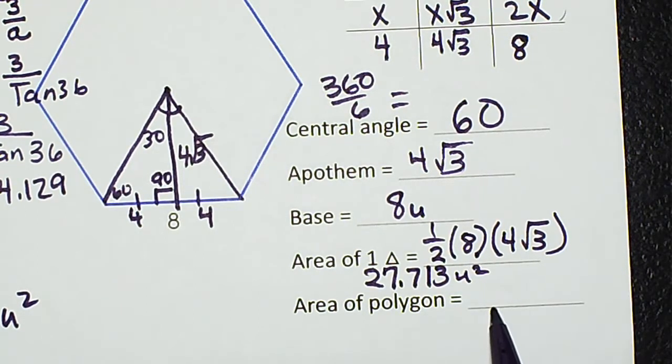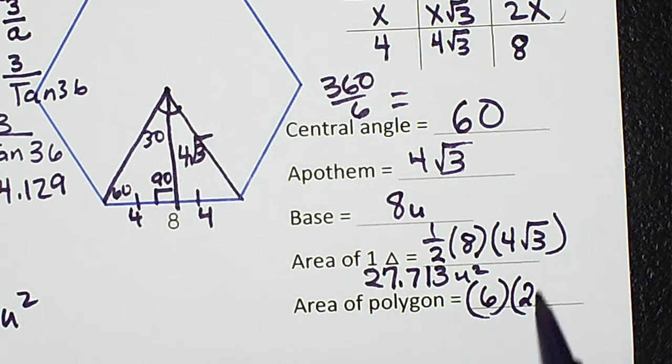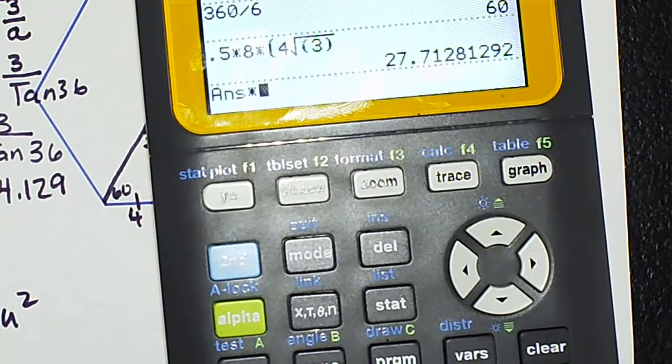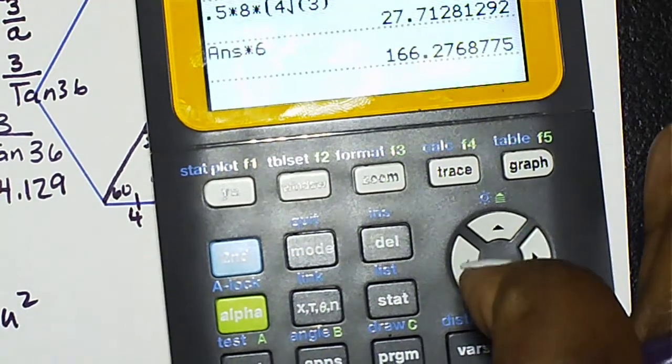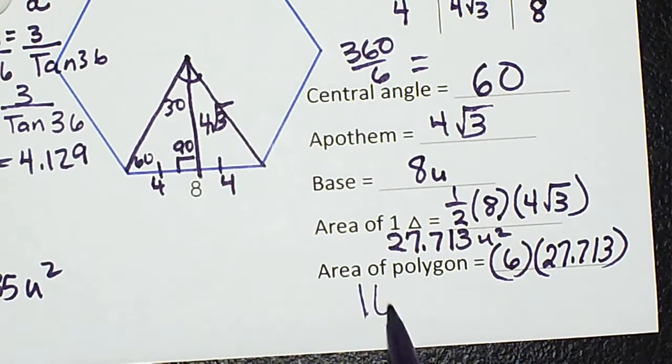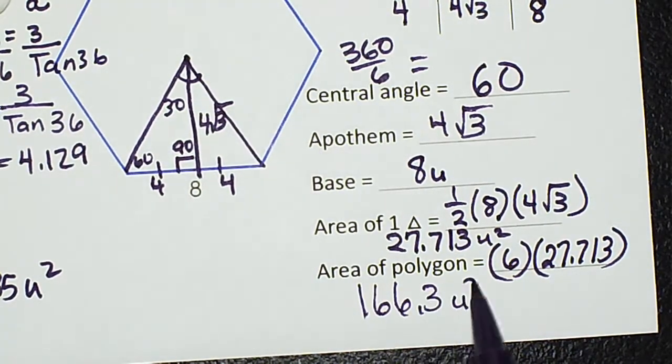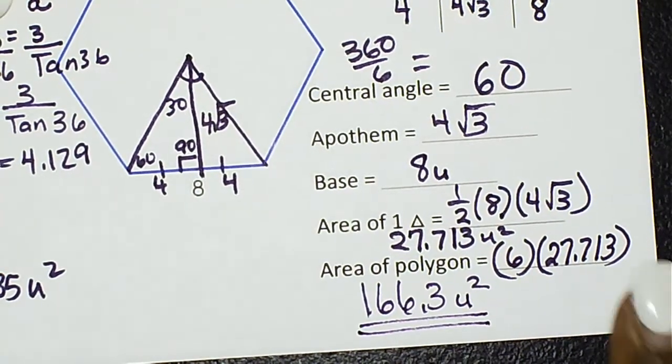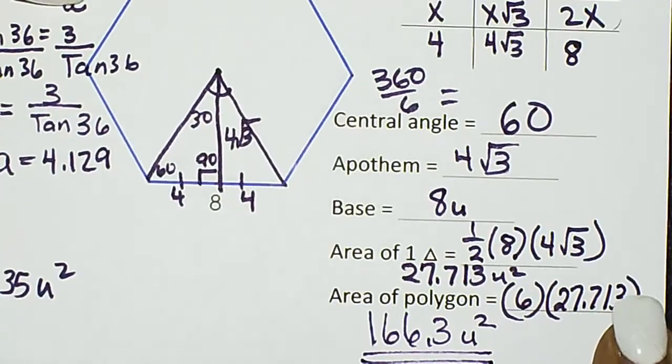And I'm going to multiply that by 6 to get my polygon area. So it's times 6, 166.3. That's the area of my hexagon.